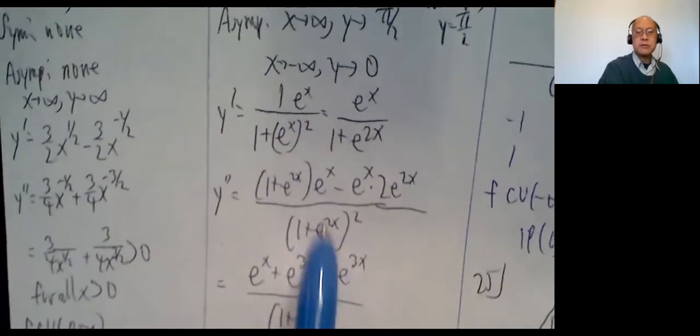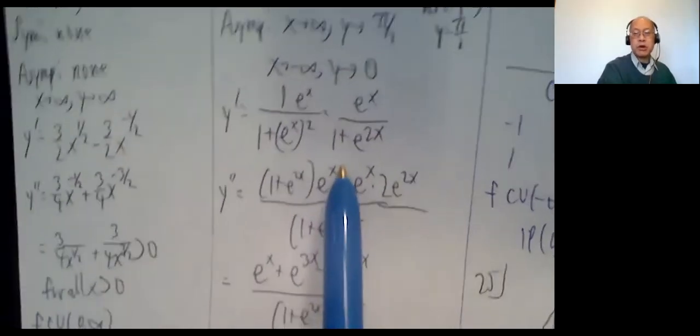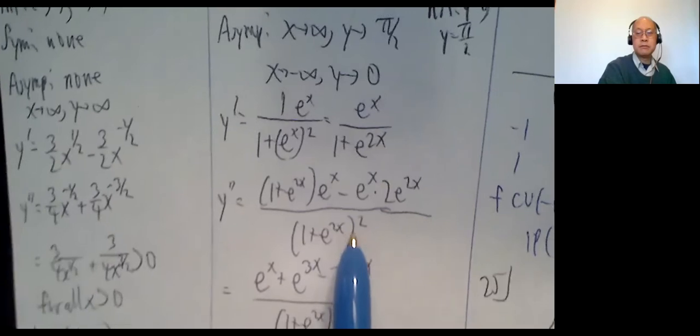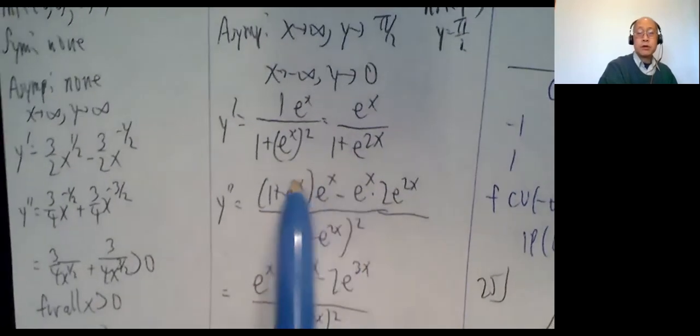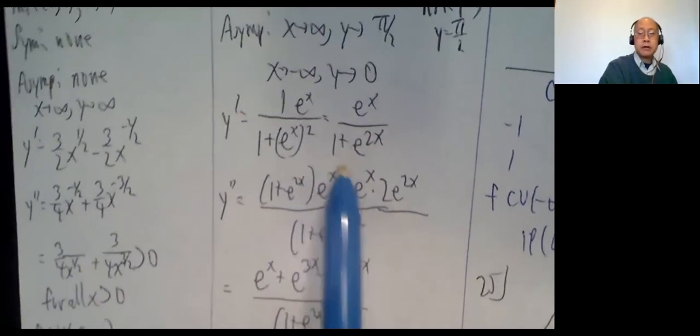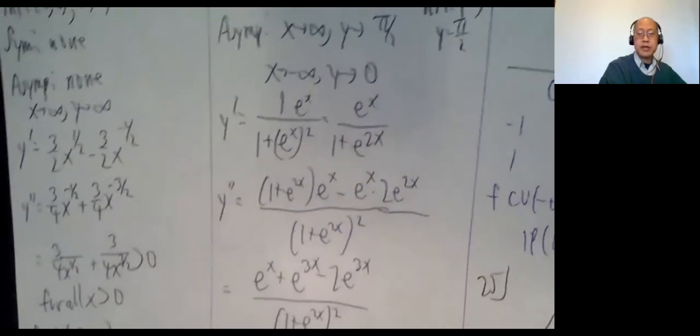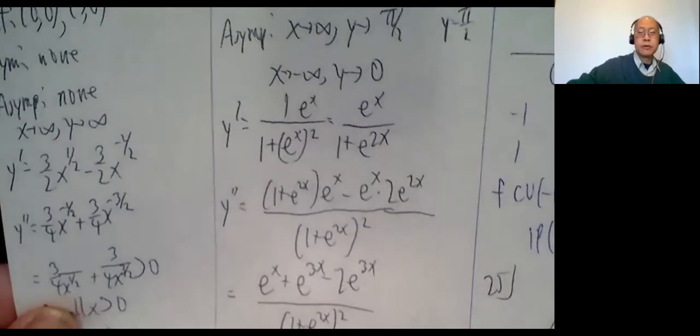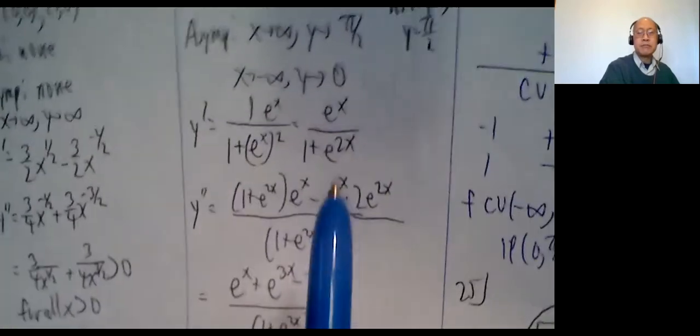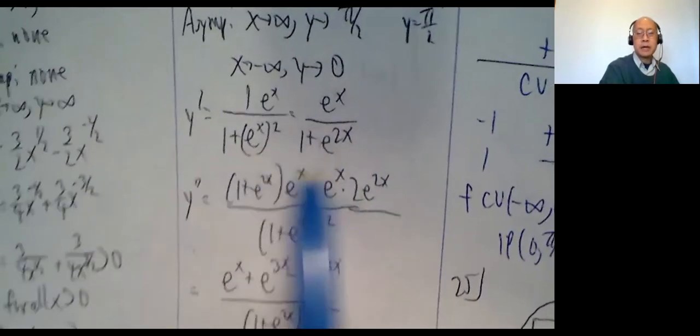Y double prime, unfortunately, is not very nice. Well, the bottom is 1 plus e to the 2x squared. That's easy. The numerator is the bottom times the derivative of the top, the derivative of e to the x is itself, minus the top, e to the x, times the derivative of the bottom.